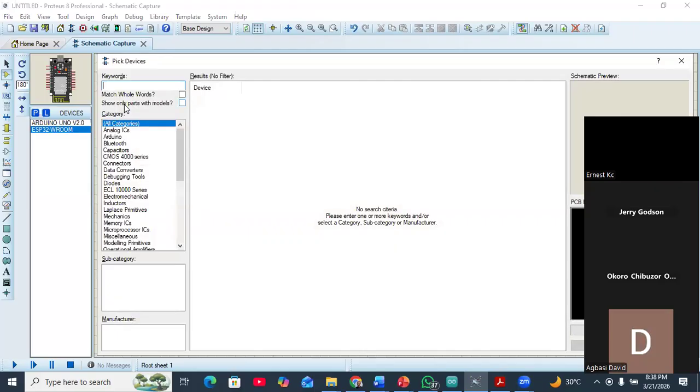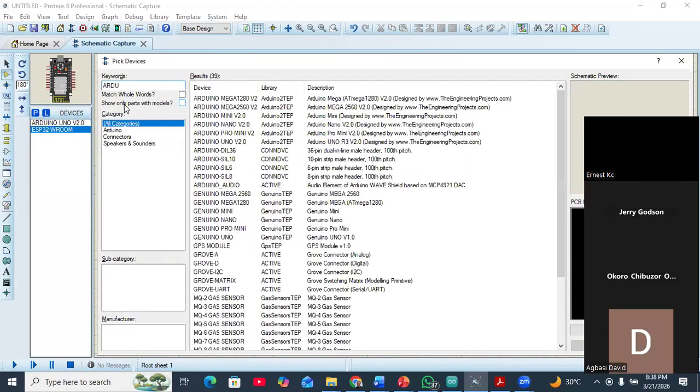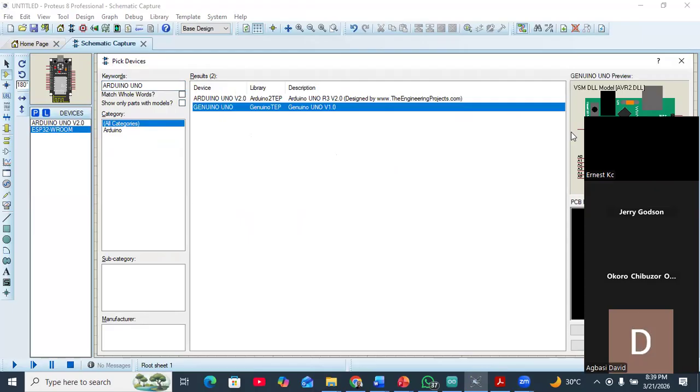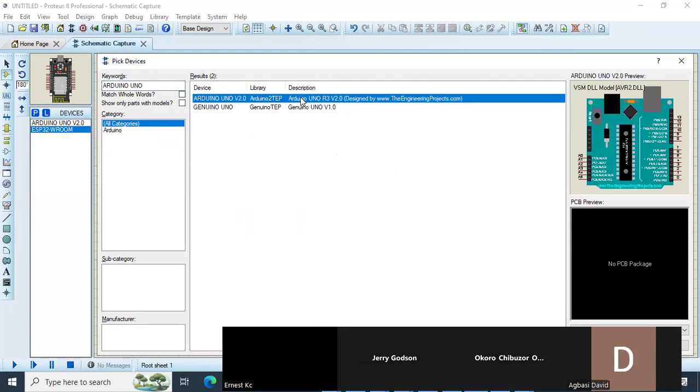I pick Arduino Uno. So we pick either this or this. Any of them should work.